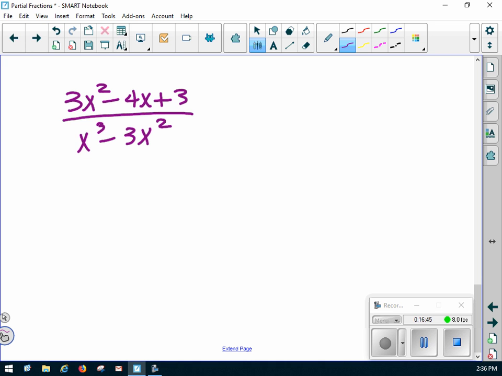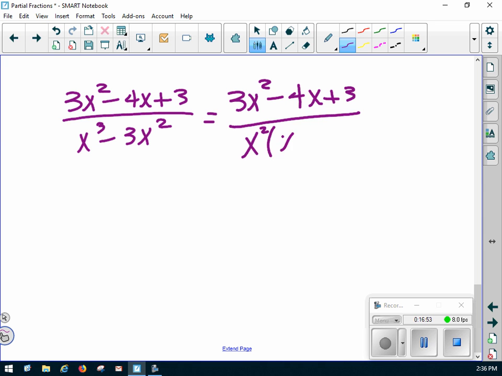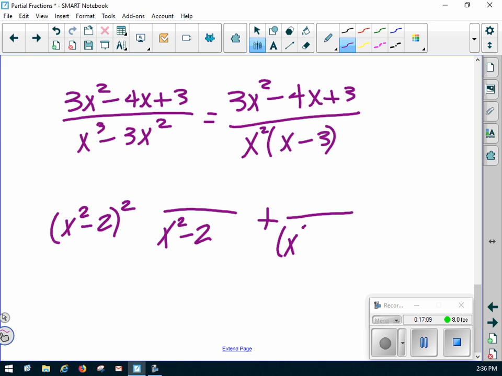Okay, so remember when the denominator was x squared minus 2 quantity squared, we had to do x squared minus 2 and we had to do x squared minus 2 quantity squared, right?